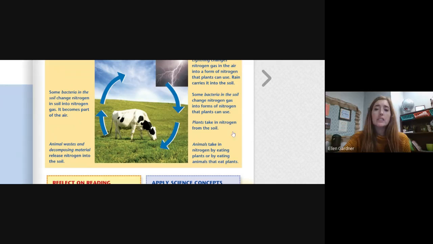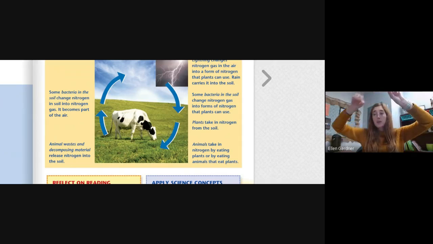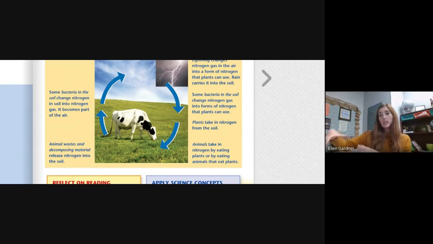It says plants take in nitrogen from the soil, and animals take in nitrogen by eating plants or by eating animals that eat plants. So similar to what we've been talking about with the passing down of energy, this nitrogen in the air, lightning changes it and rain actually passes down that nitrogen so that it's in the soil and then the plants use it up.